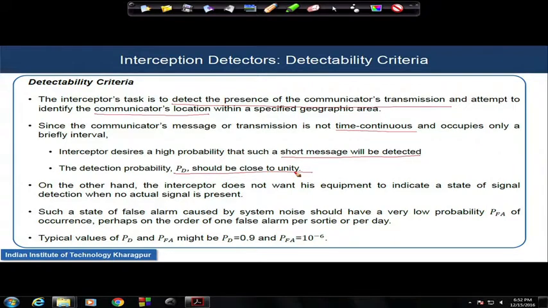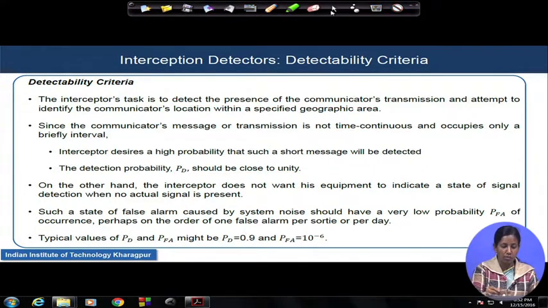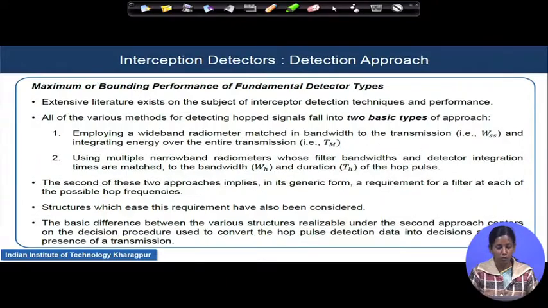On the other hand, the interceptors don't want the equipment to indicate a false state of signal detection. For example, the typical values of detection probability and false alarm preferable for practical use are: detection probability at least 90% and probability of false alarm as low as 10 to the power minus 6 for the interceptor detectors to be designed.